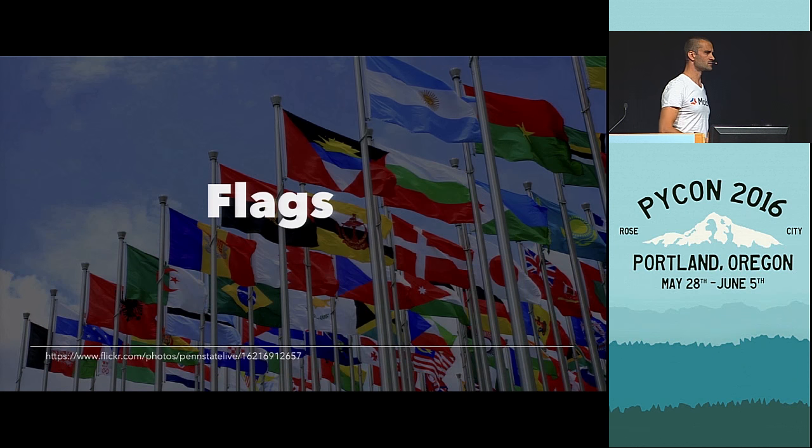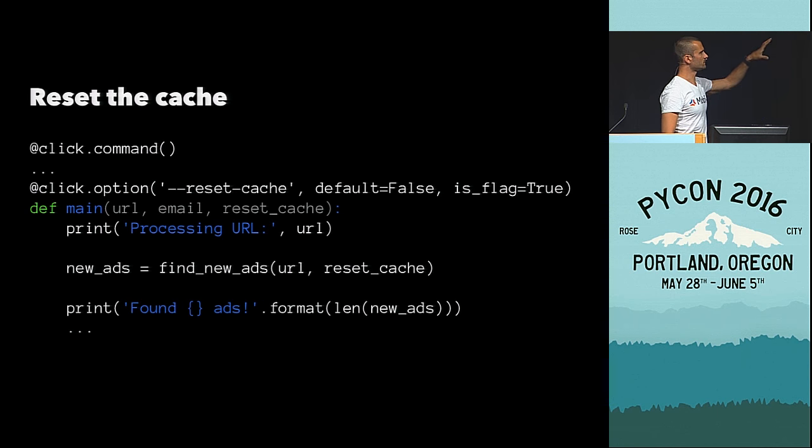So here we get into options as flags. And these flags are fairly easy to specify as well. It's the same option decorator, we just provide the default. In this case, we make it false. And then the isFlag argument that we pass in basically turns it into a flag, which makes it a toggle and makes it not require a value. And with that, we can use that now and either use the cache or we reset the cache.